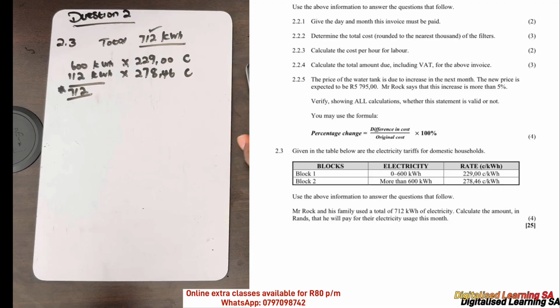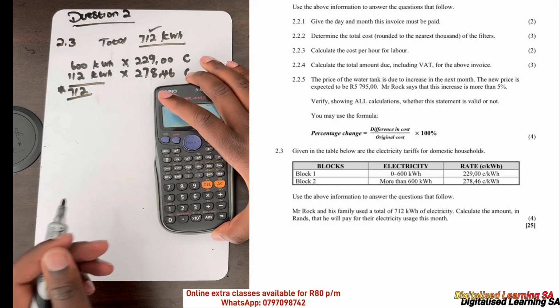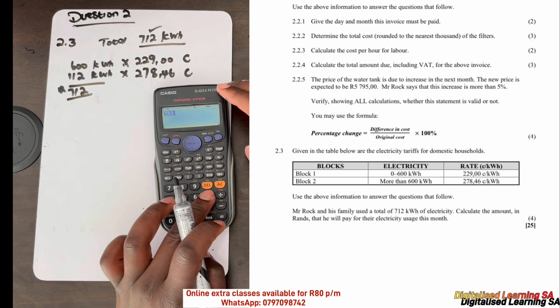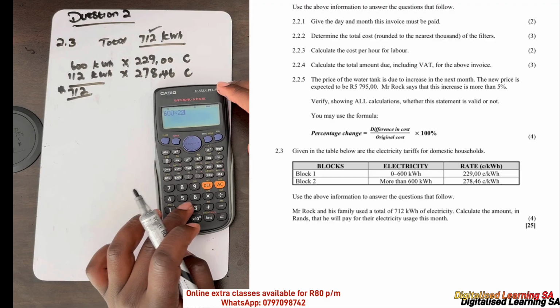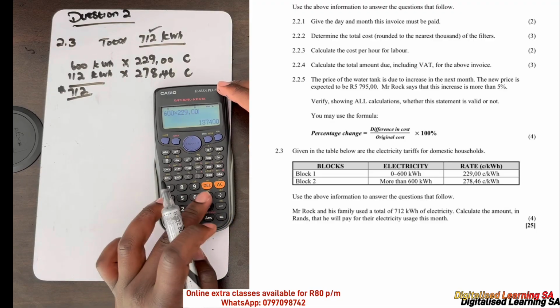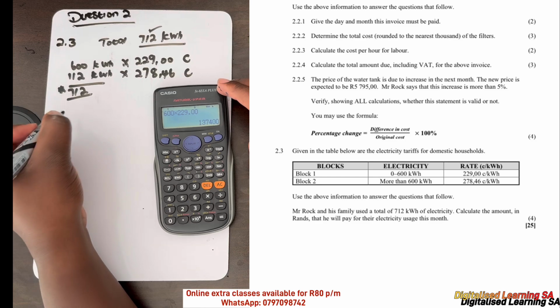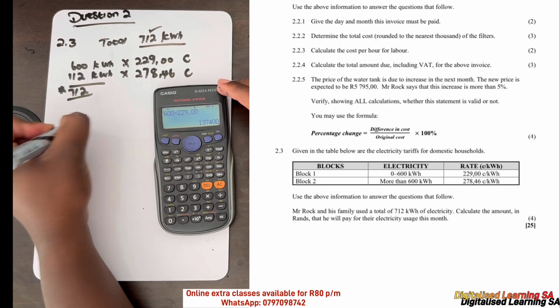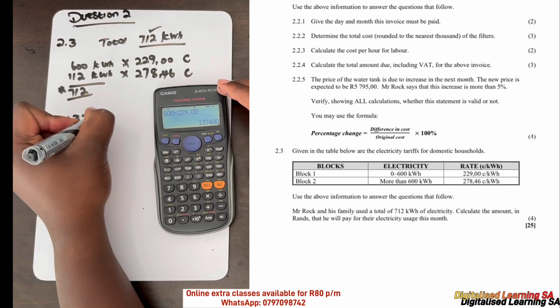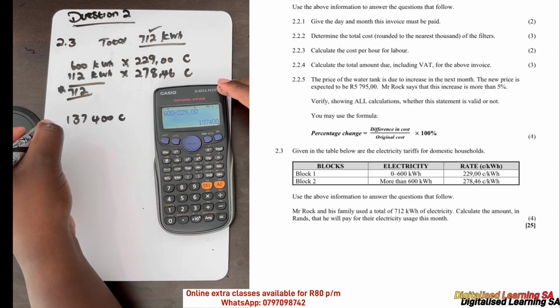So now we can just multiply and see what our answers will be. So we say 600 multiplied by 229.00, and our answer will be 137,400 cents. Remember, it is in cents.